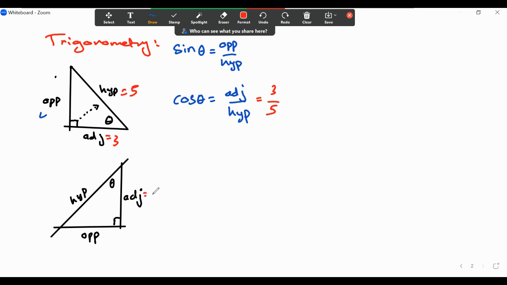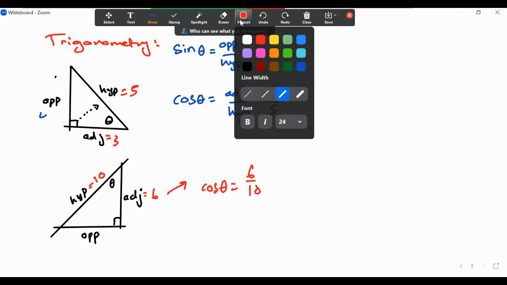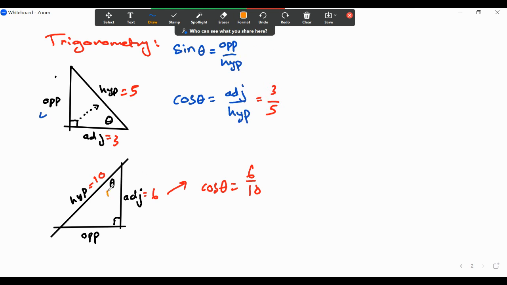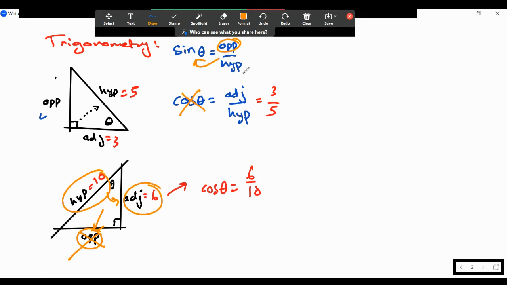And let's say this was equal to 6 and this was equal to 10, then cos of theta will equal 6 over 10. But notice that the 6 over 10 is coming from the adjacent and hypotenuse. So don't get confused. Don't use the opposite for cos. Opposite goes to sine. And it also goes to tan. But tan doesn't have the hypotenuse.